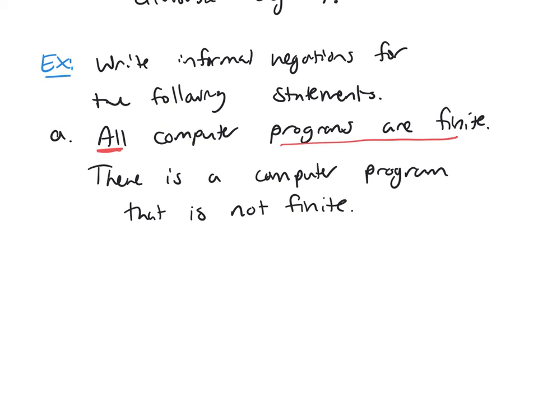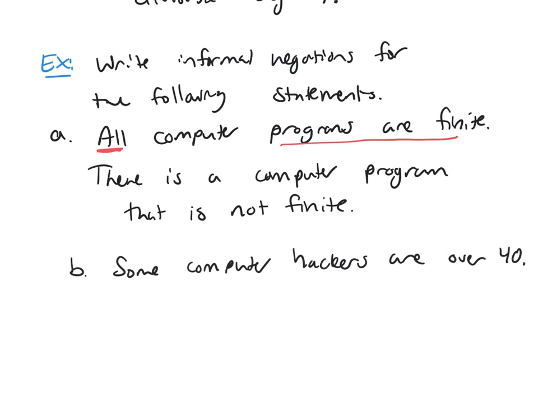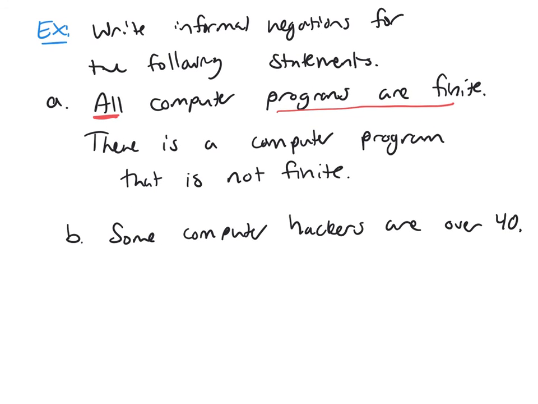Okay, and then B, some computer hackers are over 40. So identify your quantifier. Some means you have the existential quantifier, so when you negate it, it would become universal.